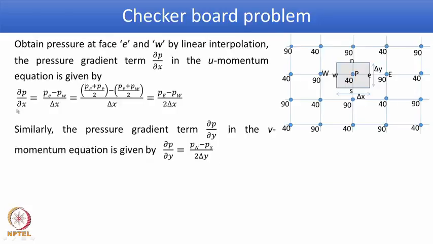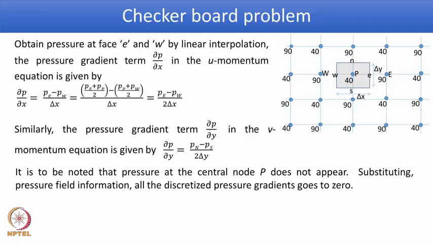What is to be noted is that you are interested in finding ∂P/∂x and ∂P/∂y, and you get expressions without the node of interest term appearing. So, it is to be noted that pressure at the central node P does not appear in the final expression for this gradient ∂P/∂x or ∂P/∂y.